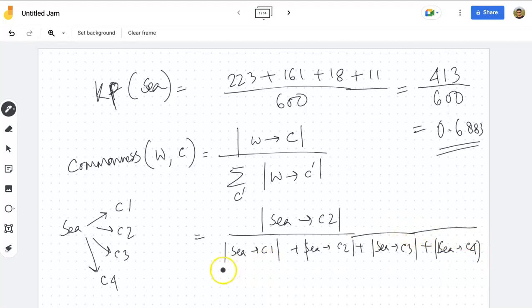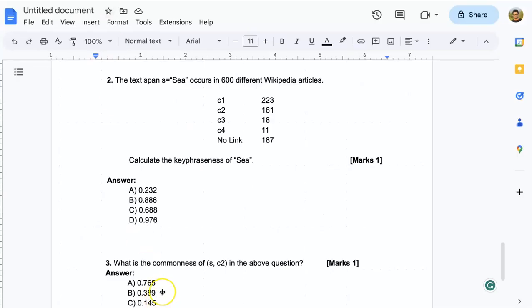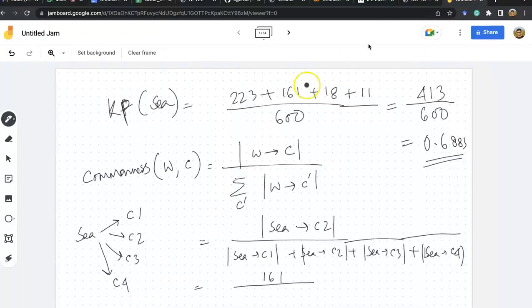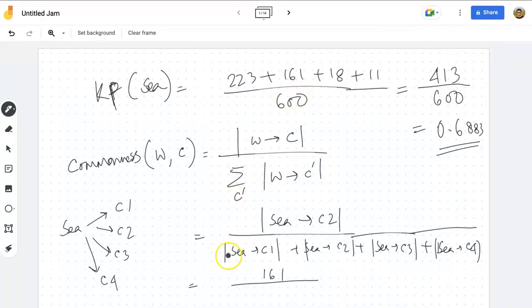Now if you put in all these values, you will get the answer. For C2, in the table it is 161, and you need to divide it by this sum: 223 plus 161 plus 18 plus 11. I already did this, so it will be 413.